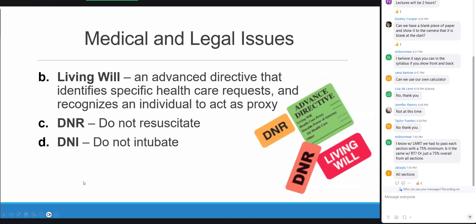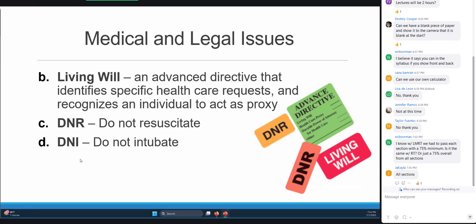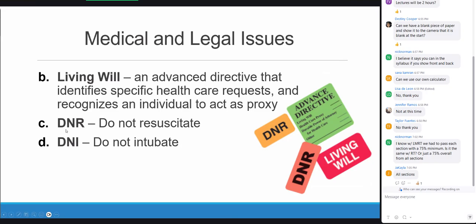A living will is a type of advance directive, identifies specific healthcare requests, and it should recognize an individual to act as a proxy for the patient. DNR is the acronym for do not resuscitate. A DNI is for do not intubate. So here are some of the terms.